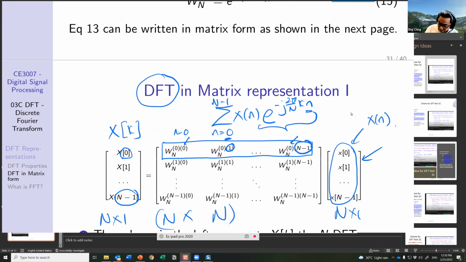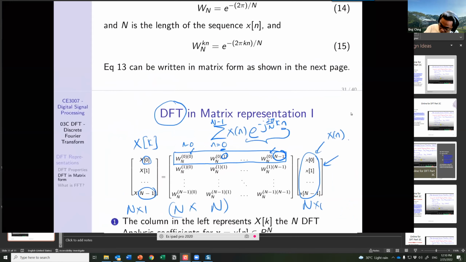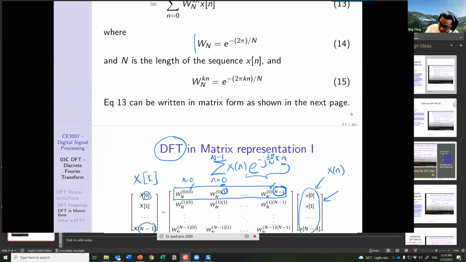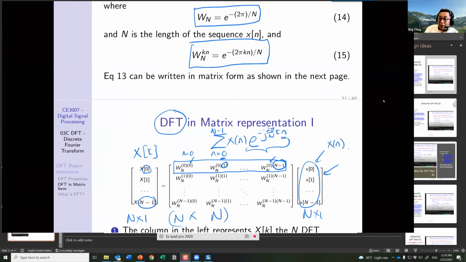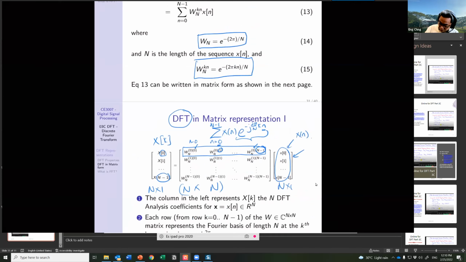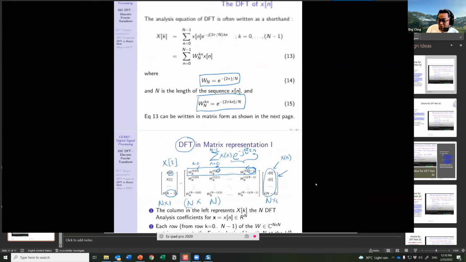So what is W_N? W_N is this. What is W_N^(kn)? Is this. So you realize that, very compactly, we can represent the DFT as a matrix multiplied by a column vector. This is what these two slides are trying to tell you.